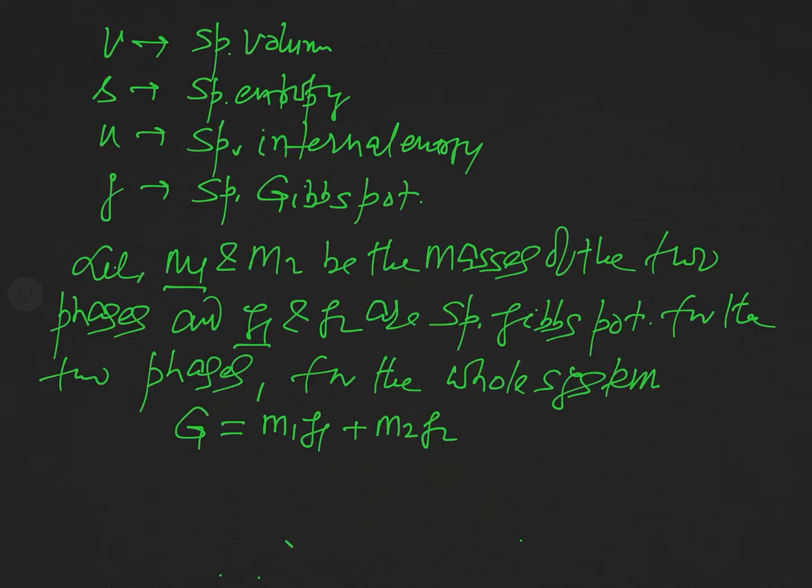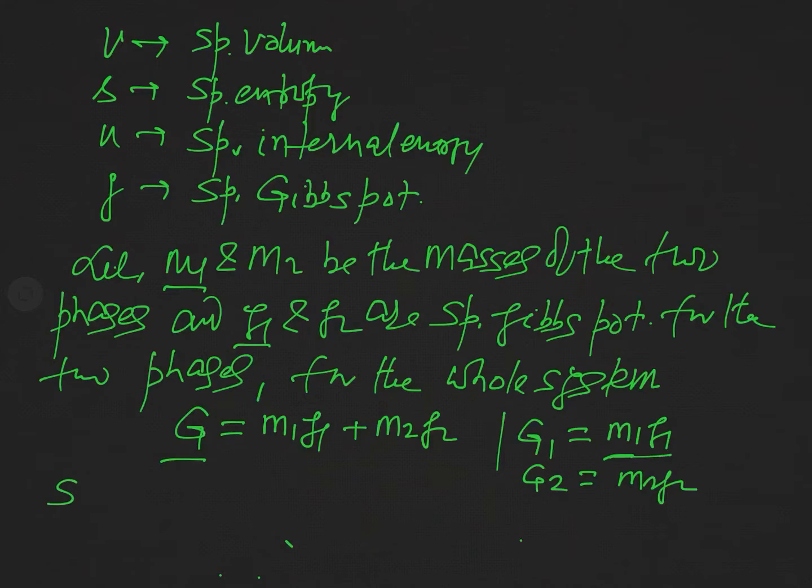Since this potential is also an additive property of the system, when we add the Gibbs potential of the two phases, we will get the Gibbs potential of our closed system.